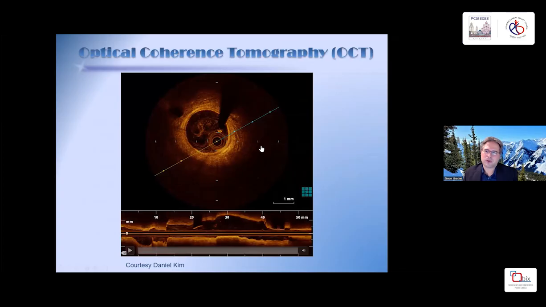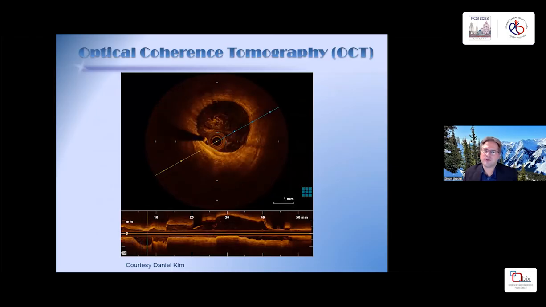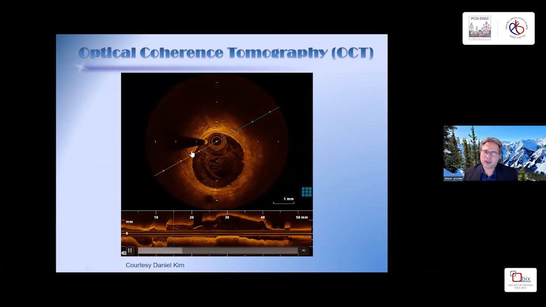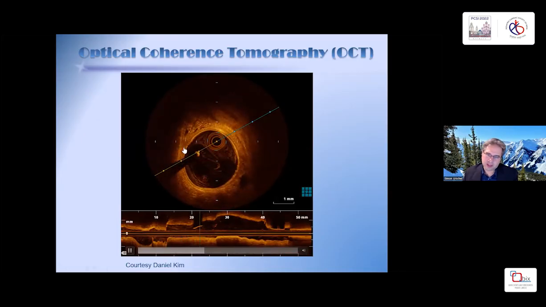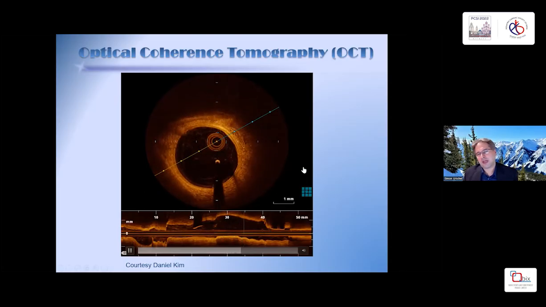A much prettier technique has recently evolved, which is called OCT, optical coherence tomography, using infrared, the same technique that is used to do pictures of the retina. And as you can see here, while you pull that back automatically and fill the coronary with contrast, you can actually nicely see both layers, the intima and the media, of the whole vessel and all the way around of this 4 to 5 centimeter area that you cover while the catheter retracts.